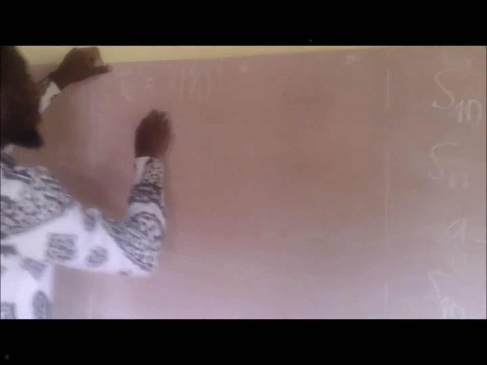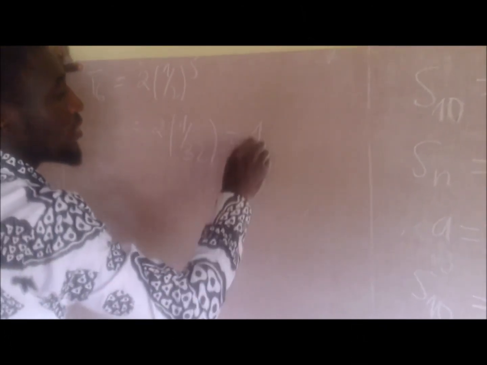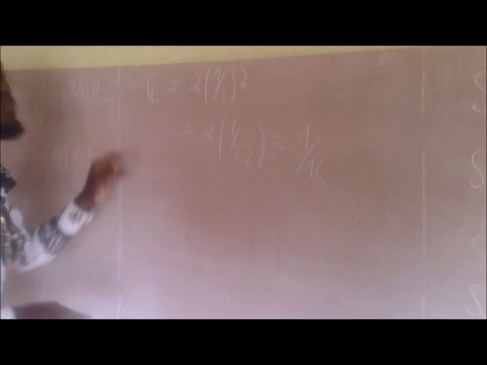So t6 is going to be 2 into a half to the power 5. A half to the power 5 is 1 on 32, so 2 times 1 on 32 is going to give us 1 on 16. So the sixth term is 1 on 16.